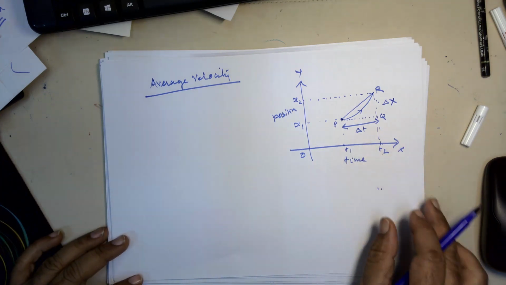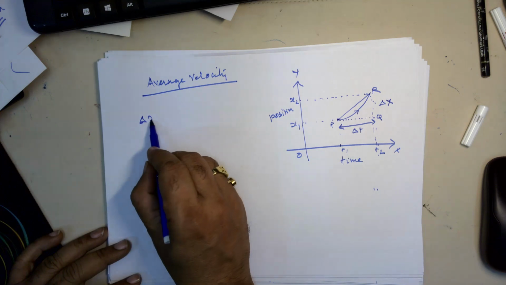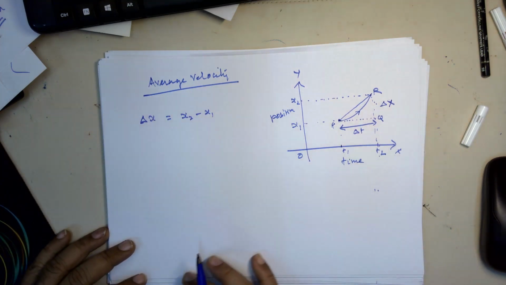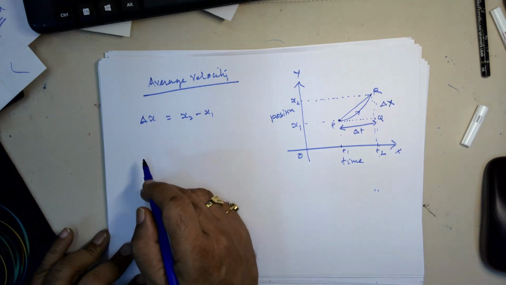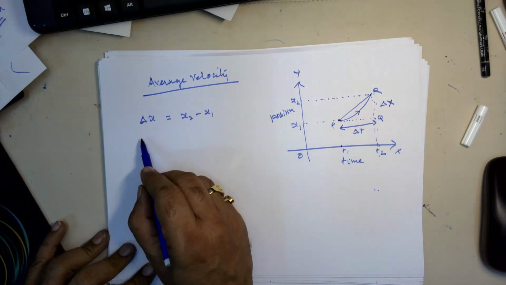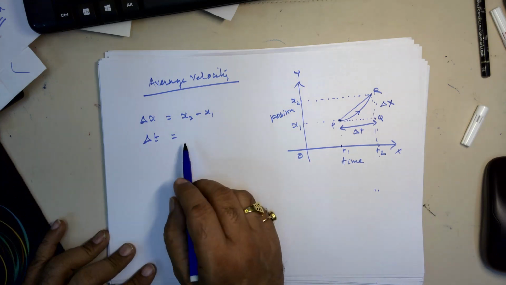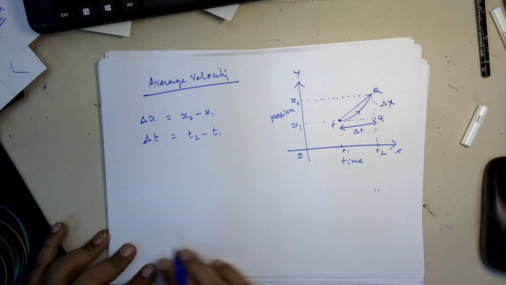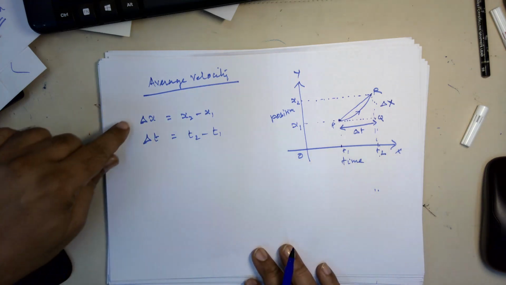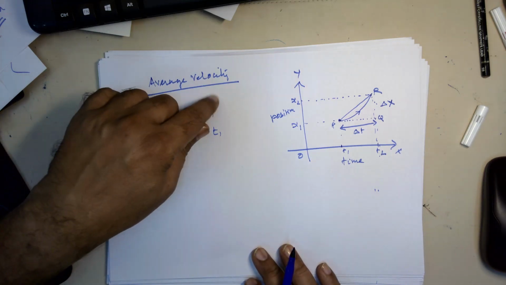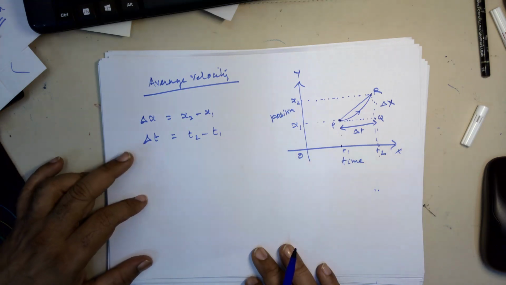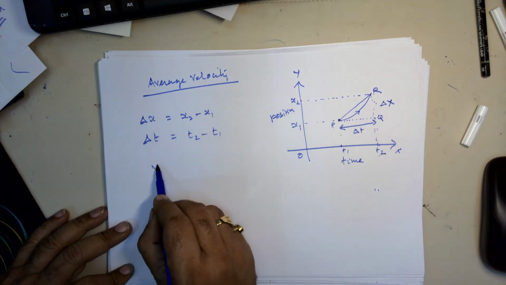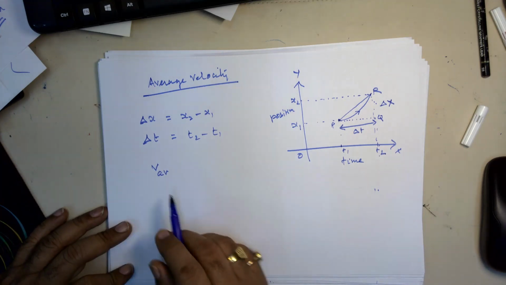So what is the displacement of the body? The displacement of the body is delta x, x2 minus x1. The total time taken for the displacement is delta t, t2 minus t1. Why are we taking delta t and not the total time?